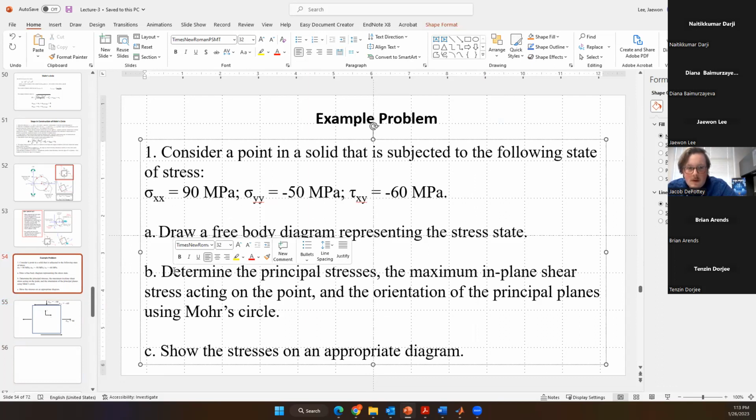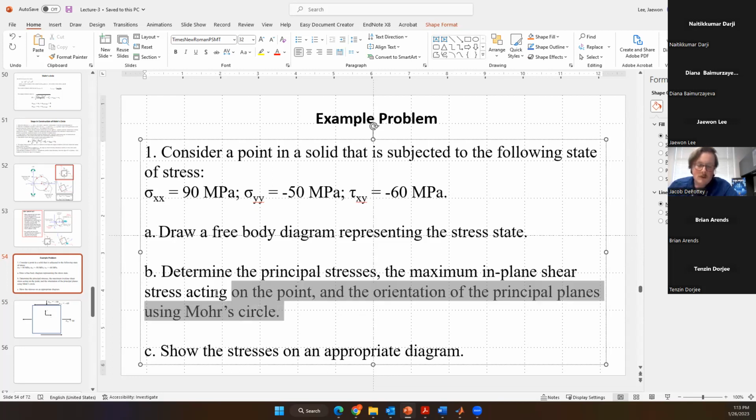Then determine the principal stresses and the maximum shear stress at the point, and the principal plane, using Mohr's circle. Can you calculate this?